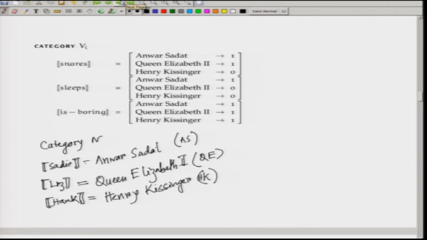I have already written the category N stuff here already. Now, snores. It is evident from these diagrams that the snorers are whatever is mapped to 1. So, Anwar Sadat is a snorer, Queen Elizabeth also is a snorer, but Kissinger is not.